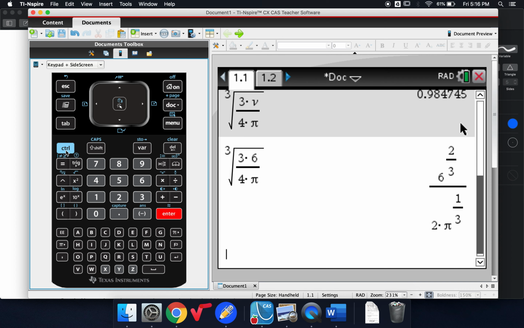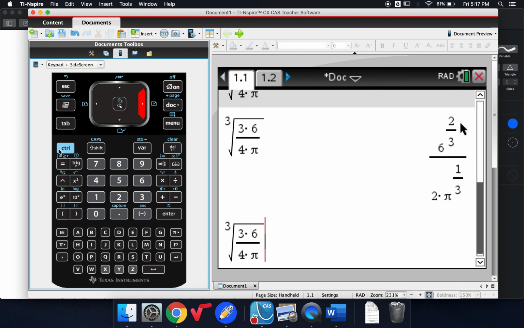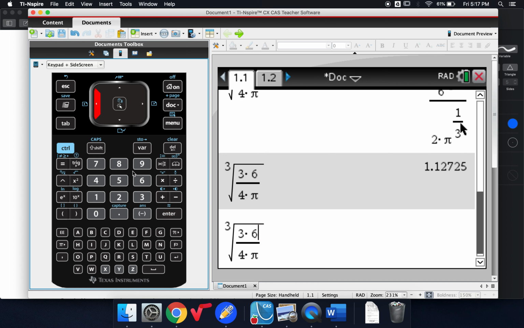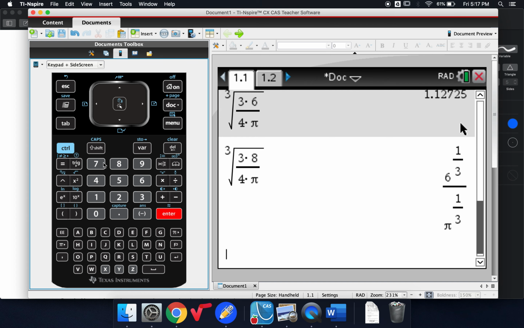Control Enter. Not what I wanted. Make sure I go to the outside. Control Enter. All right. Go into the inside, make that an 8, come out to the outside. Again.